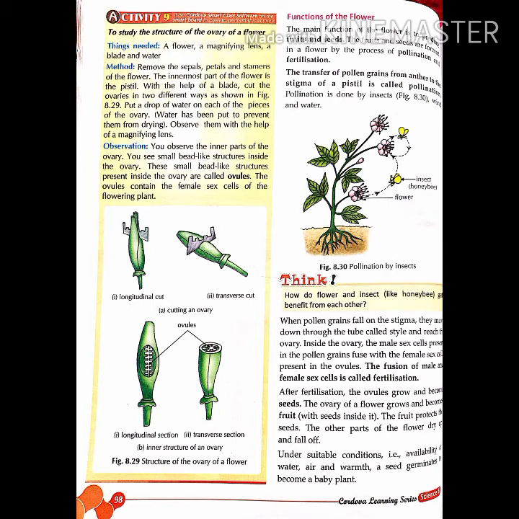The other parts of the flower dry up and fall off. और जो अदर पार्ट होते हैं जैसे कि पेटल, सेपल्स, दे ड्राई एंड दे विल फॉल. So this is the process of pollination and fertilization. First, male pollen is transferred to female stigma.